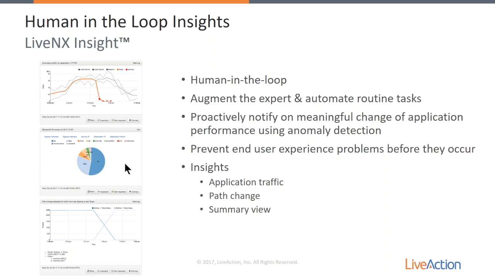Is it deviating from the performance that you normally would expect at this point, hour, day, and week? It might be caused by a security event, but really there are users getting affected by this. And our goal is to really prevent user experience problems with their applications before they occur, so we can tell that this is trending and we haven't seen this pattern before, and it's something that you should look at.